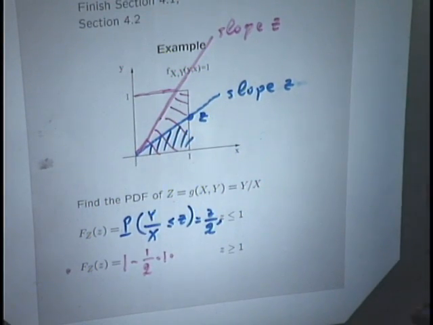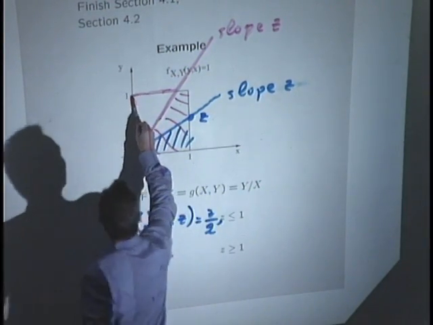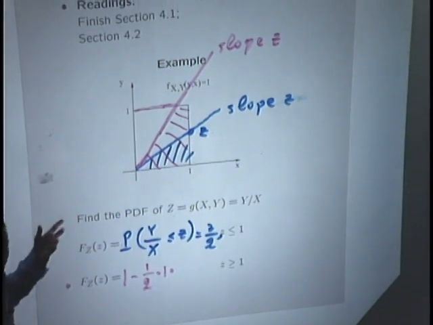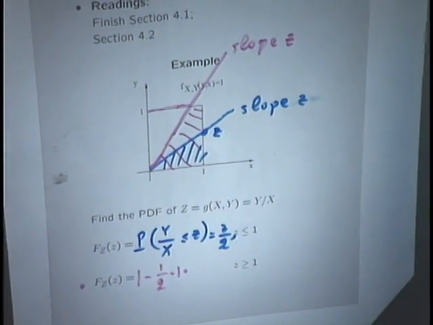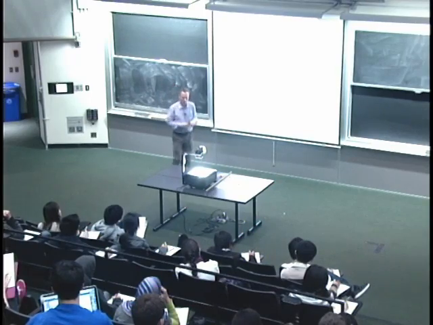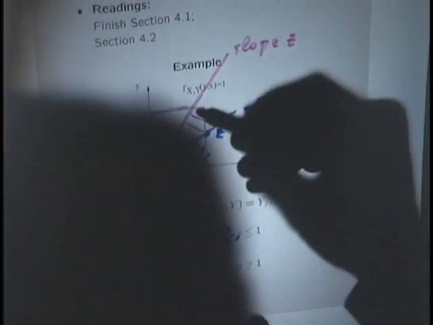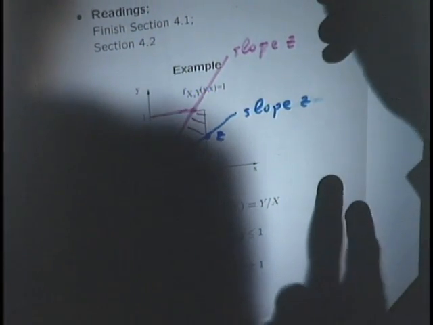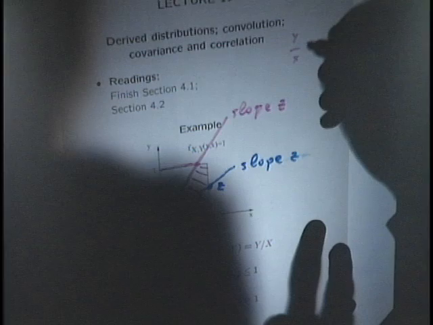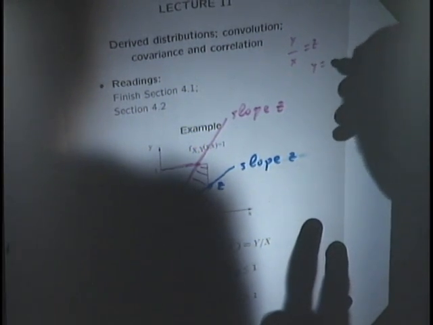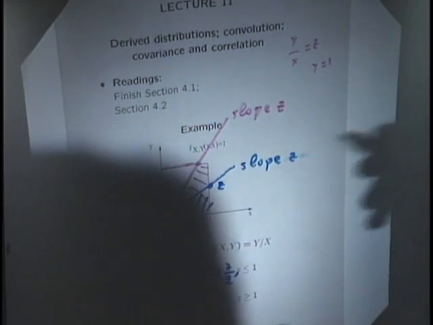Well, if y is equal to 1 and the slope is z, now z is the ratio y over x. So if y over x equals z, and y equals 1, this means that z is 1 over x.